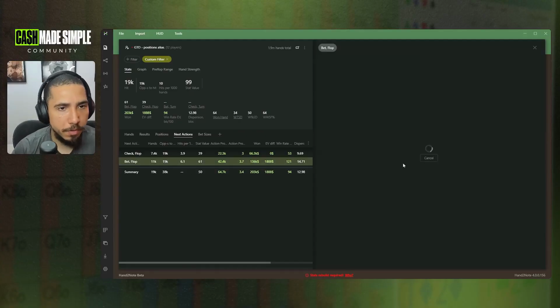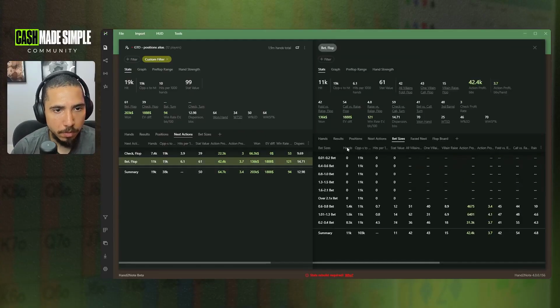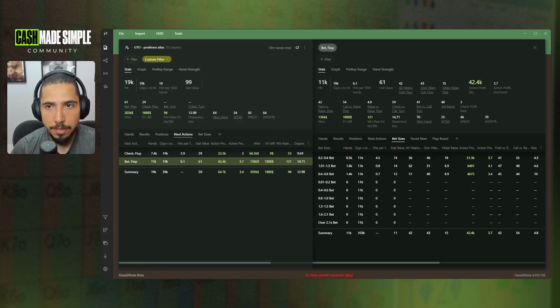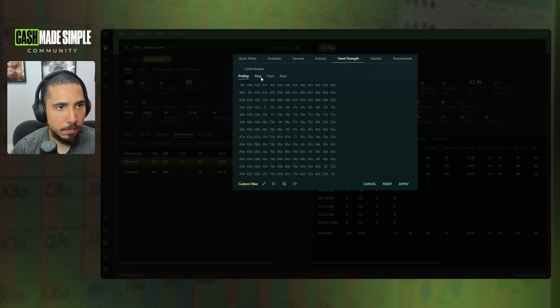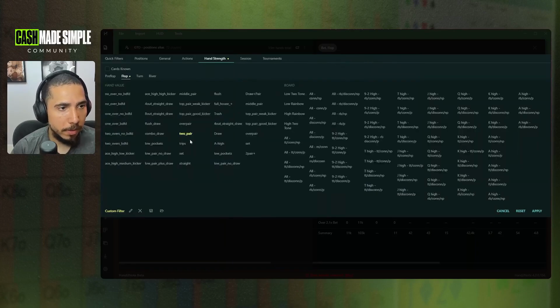So we filtered for the two-tone boards, and now we're going to dig deep on the hand class frequency heuristics. Let's start with the two-pair plus. This time we can do it a bit quicker because you guys have already seen the process.